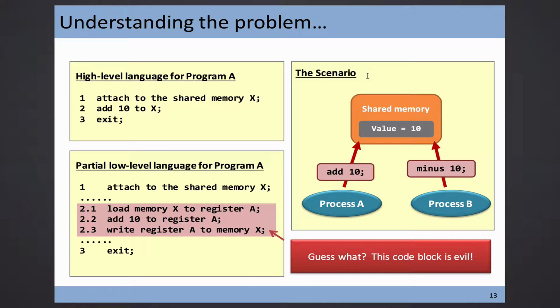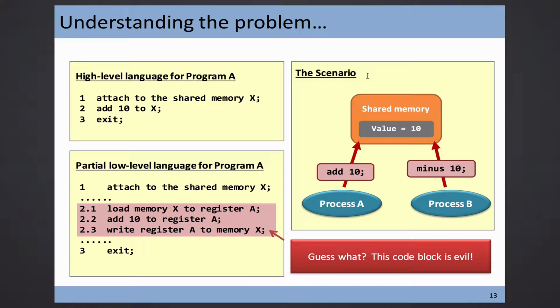The bad thing is that we don't have an operation that can do the addition in one step. Or I should say, break it into pieces. First, load the value from the shared memory into your process. Then you update the value inside the process, then you load it back to the shared memory.